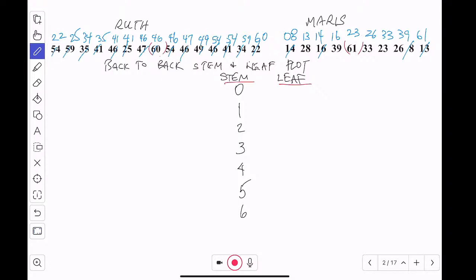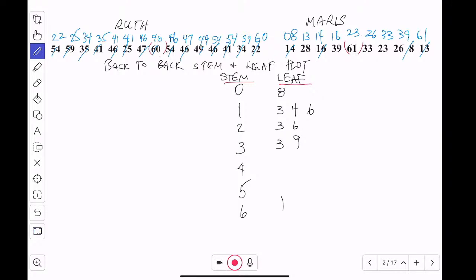The last one has 2 digits, so they all have to have the same 2 digits. So it's going to be 0 and 8. That'll be the first one. And then 13, and then 14, and then 16. And then I go to the next one because it's a 23, 26. Then the next one, 33, 39, and all the way over here, 61.